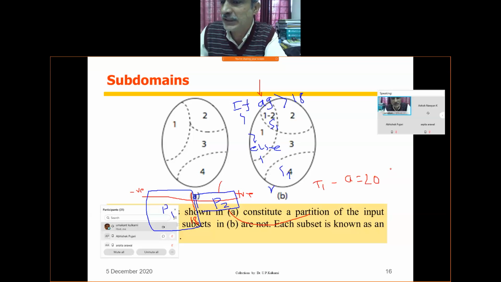What is the expected output? The statement S1 is executed, maybe issue the insurance. Now test case 2 is taken from another partition, that is from P1.